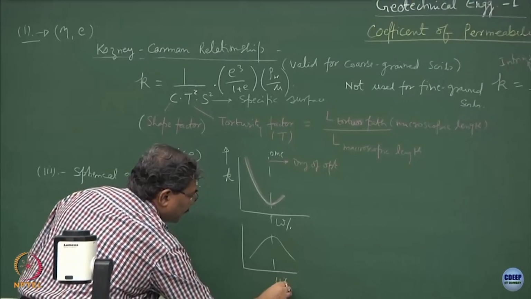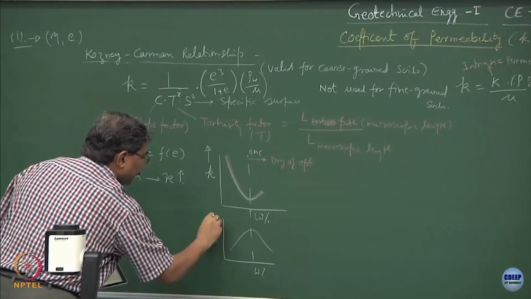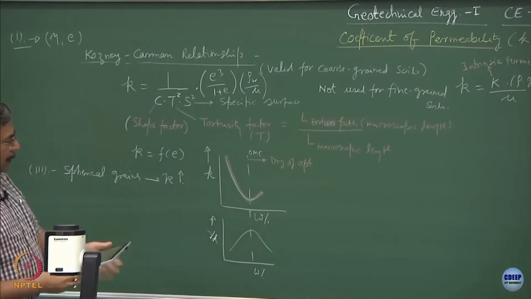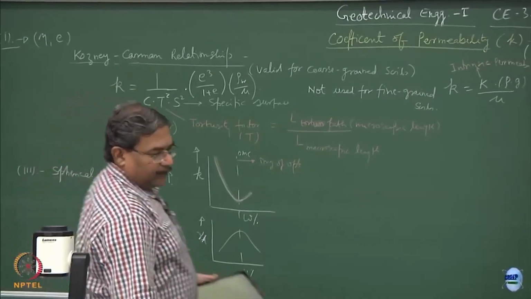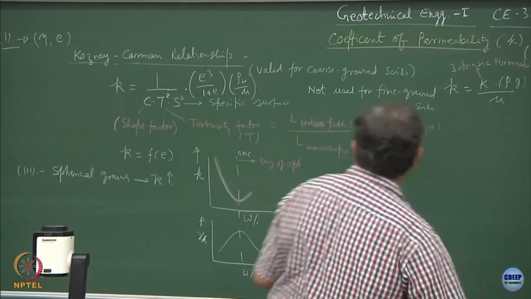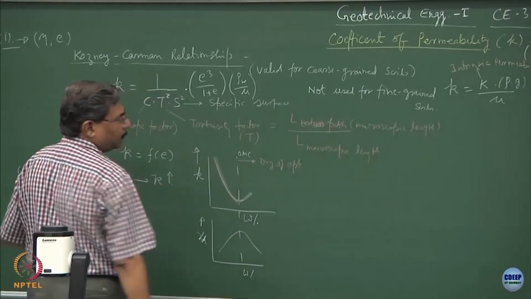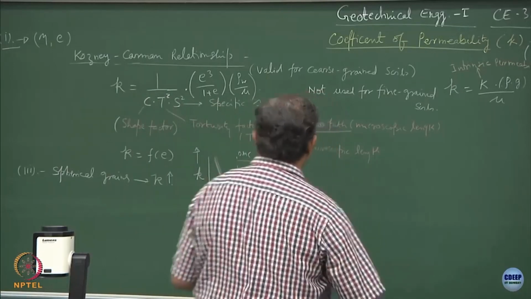So, this is the moisture content and this is the gamma d. So, these two are in combination to each other. Another thing we should remember is that on, I am sorry, it is not dry of optimum, this is wet of optimum.